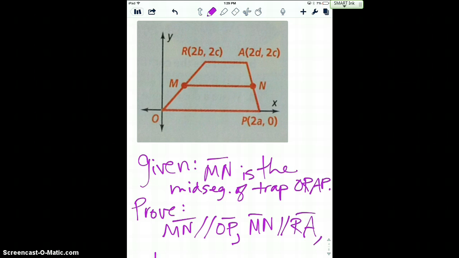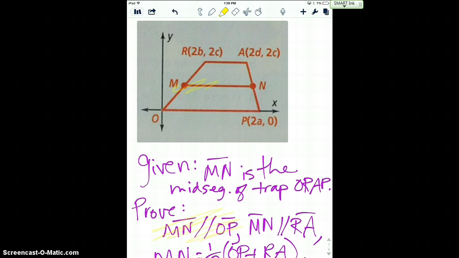And we're also proving that MN is half the distance of the quantity of OP plus RA. Whoa, that's a lot. Yeah. So you might have to finish this on your own, but at least I could start it. So let's see if I can start this with you.